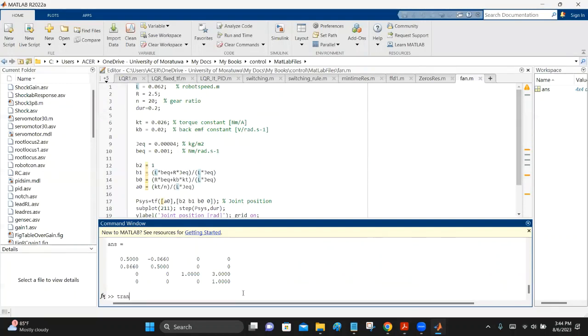Let's say translation along the x-axis, so let me give some numbers, 2, 0, 0, multiplied by t rot x this time, by a certain angle. Let me give pi by 4.